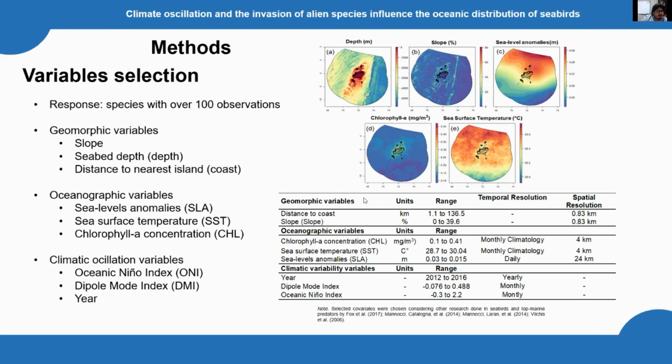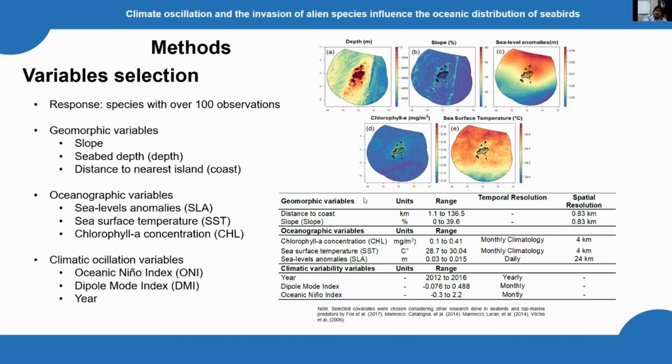Why do we think of these variables? First of all, the first three are geomorphic variables: slope, seabed, which is bathymetry, and distance to the nearest islands or nearest coast in this case. They are particularly important to explain the geographic distribution of seabirds, considering these physical variables.